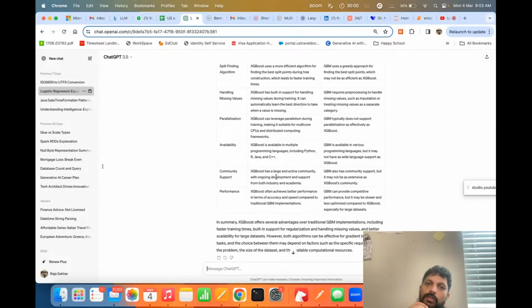So XGB and GB, are they applied only for random forest or different?